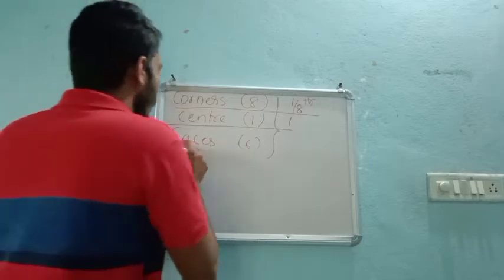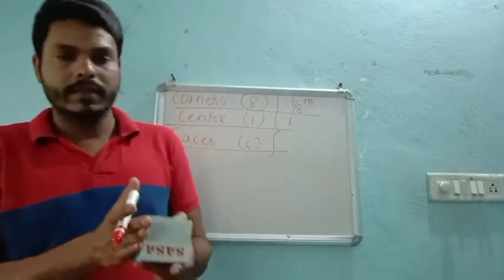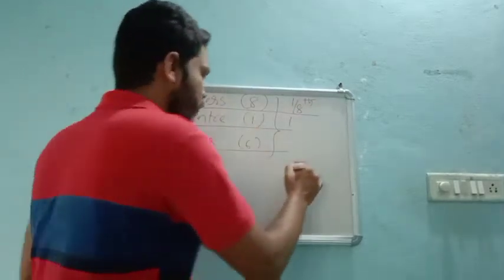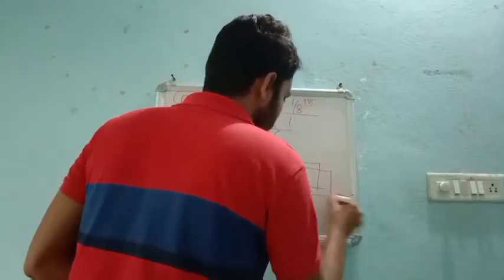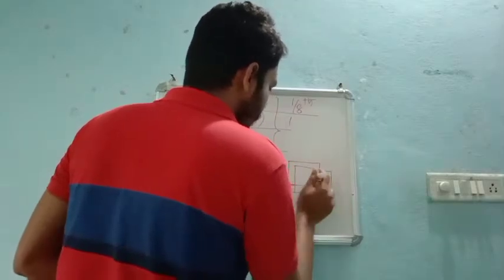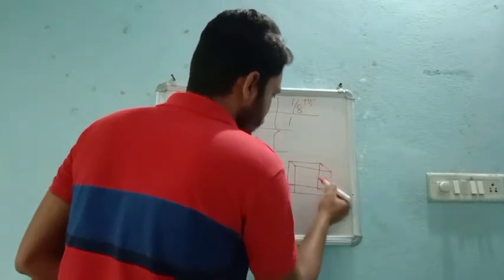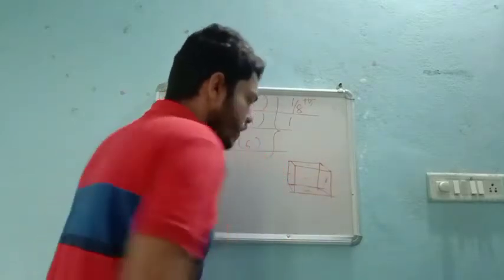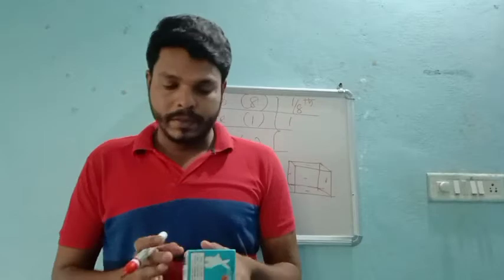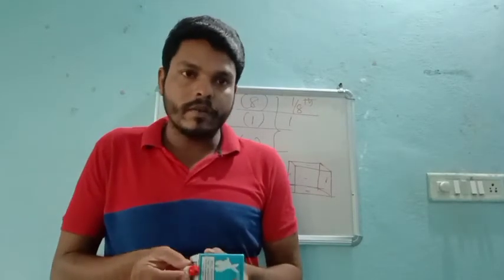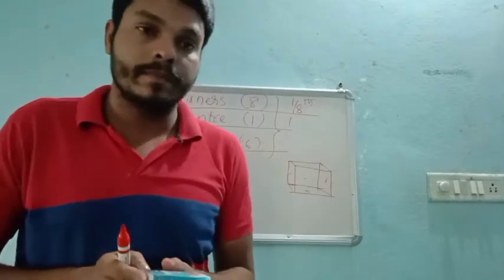And now what about faces? There are 6 faces. Face means definitely like this. If I consider one face, then see, these are the faces, right? If I consider one face, then by taking this face, I can construct one more unit cell, right?